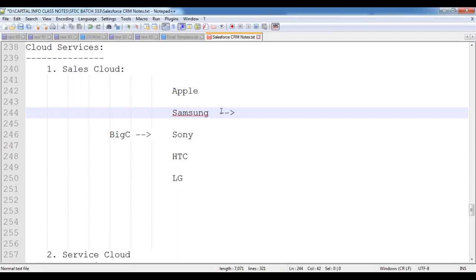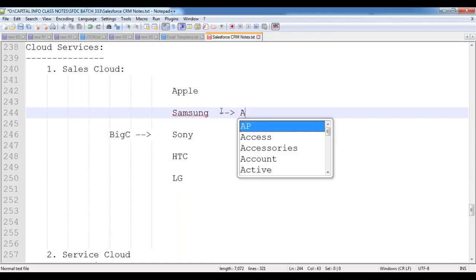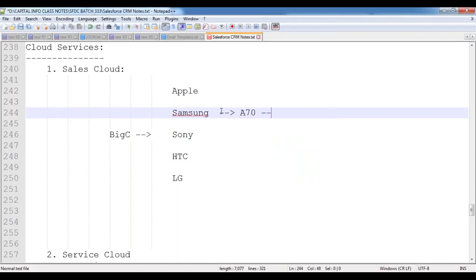For example, assume they sell a product from Samsung, the A70 model. Upon selling this A70 model, they charge 25,000 rupees as the mobile cost. Along with that, they provide 1 year of free insurance service, and they provide an 8 GB memory card free of cost.